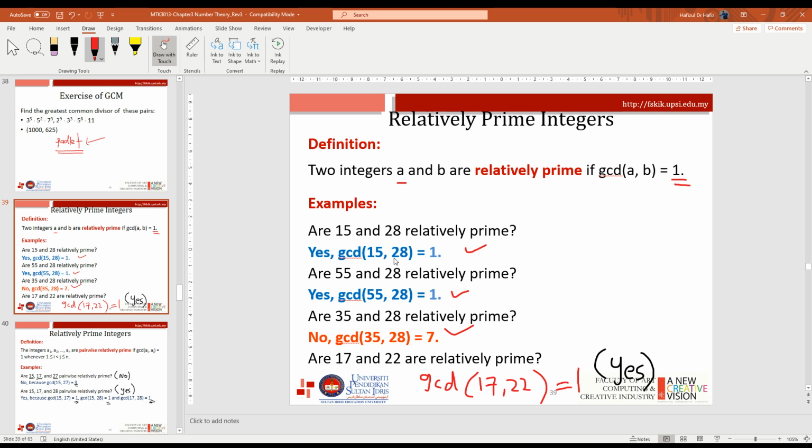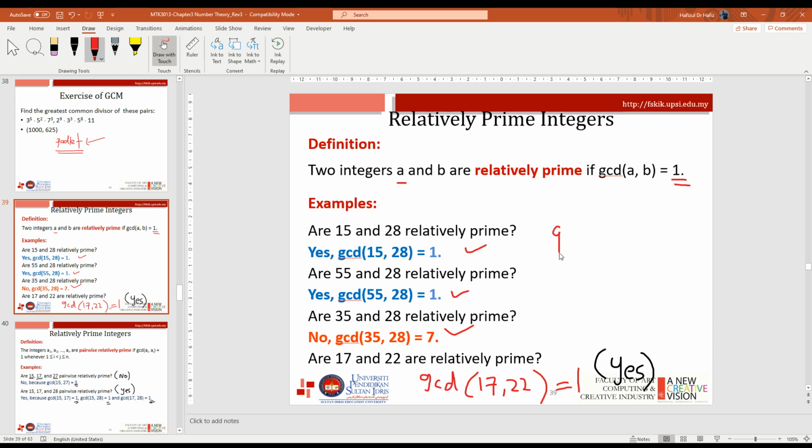Another example, 55 and 28 prime? Yes. 35 and 28 relatively prime? No. The GCD of 35 and 28 is 7.